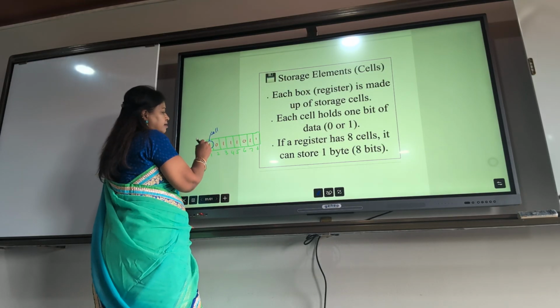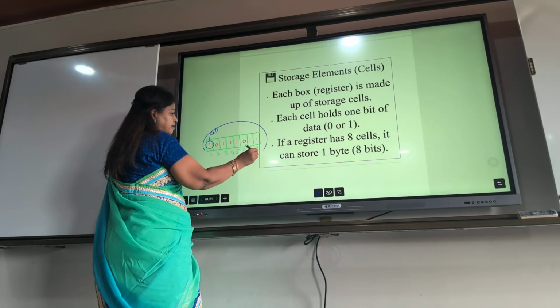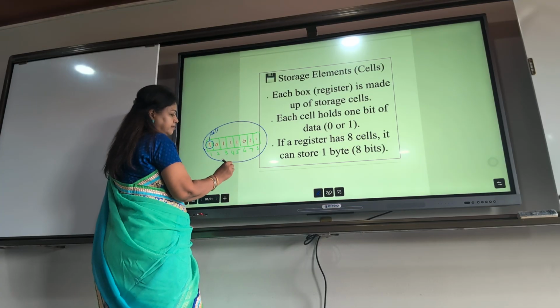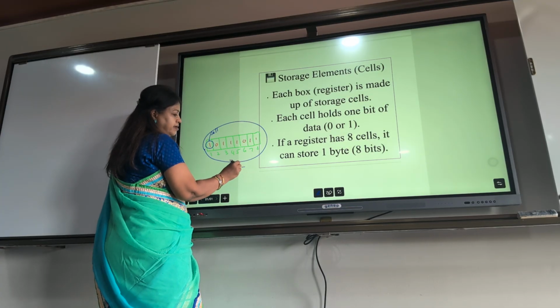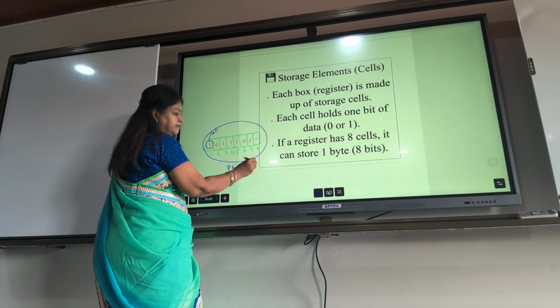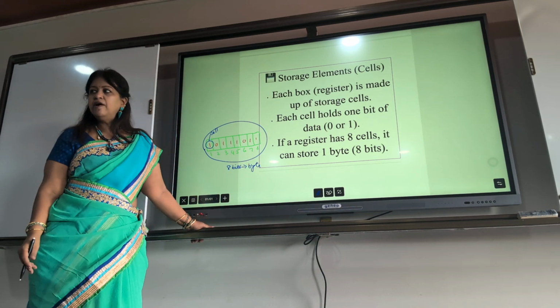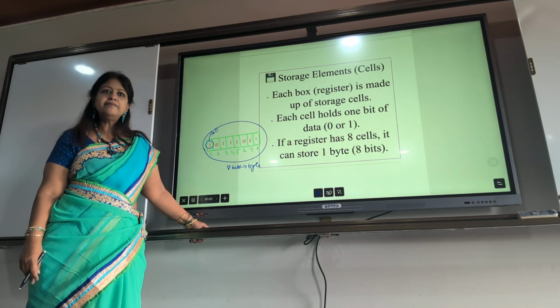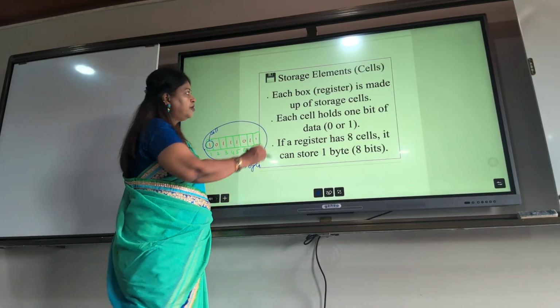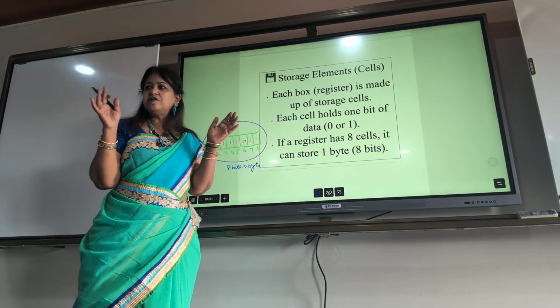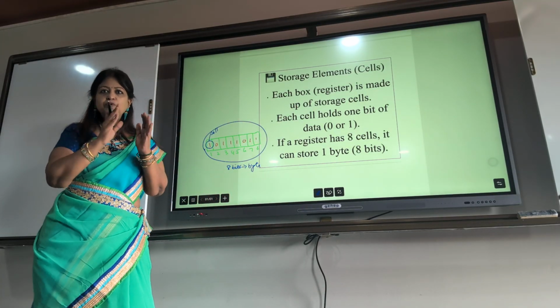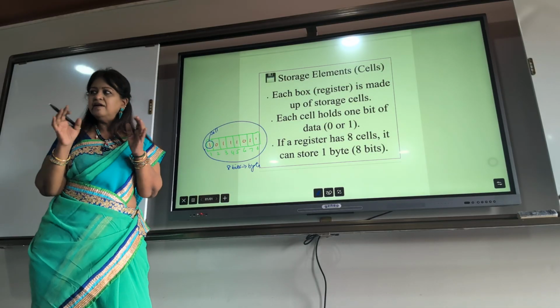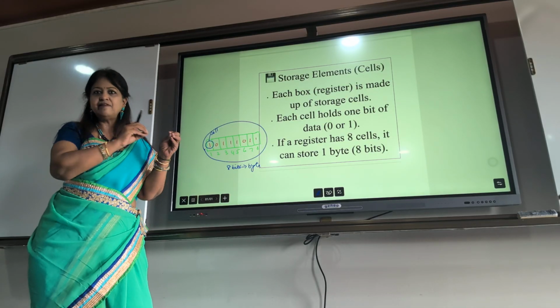All these 8 bits are called a byte. 1 byte is 8 bits. So how is it stored? Assume a register is like a box in which you have small boxes, and in each box we are keeping something.